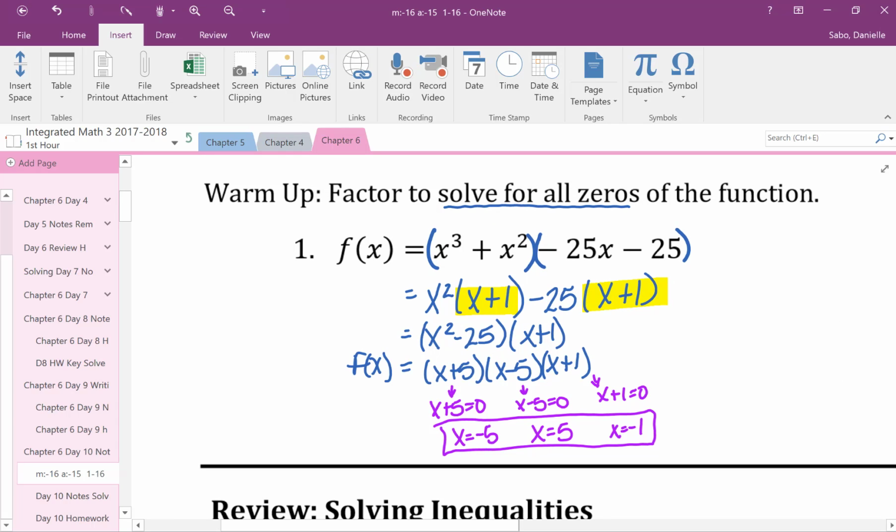Some of you are still working on the second one, so I just put the first one up. Good job.